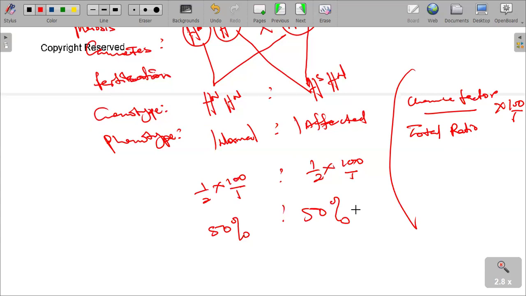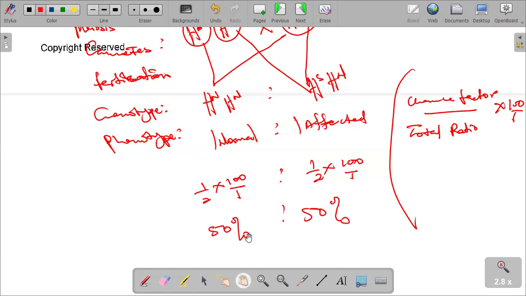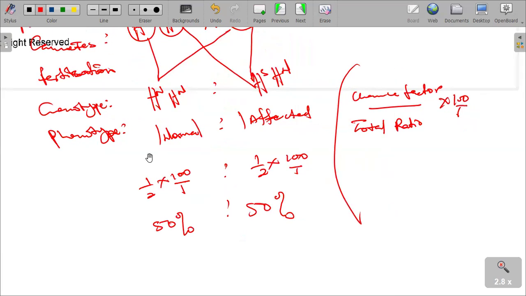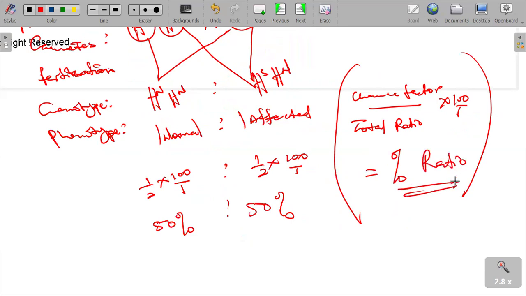Chance factor over total ratio multiplied by 100, and then you get your percentage. That's the simple formula that you should understand.